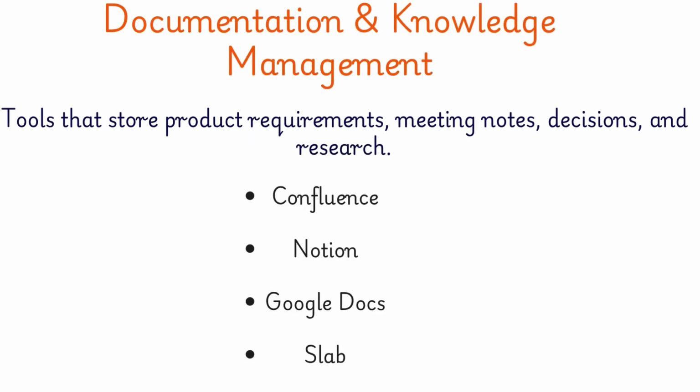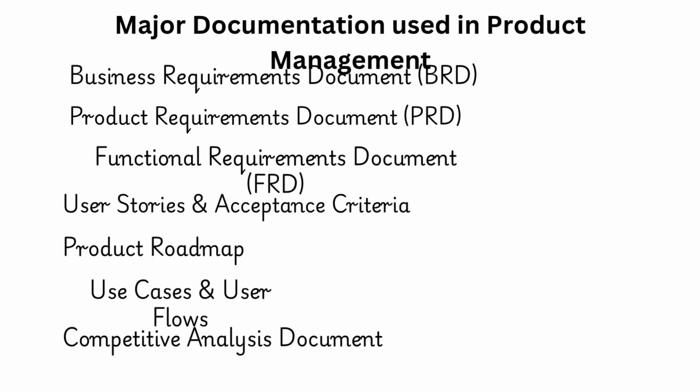The second segment is documentation and knowledge management. These are tools that store product requirements, meeting notes, decisions, and research. If you're trying to create and save documents such as the BRD, the business requirement document, we also have the PRD, the product requirement document, and the FRD, the functional requirements document.